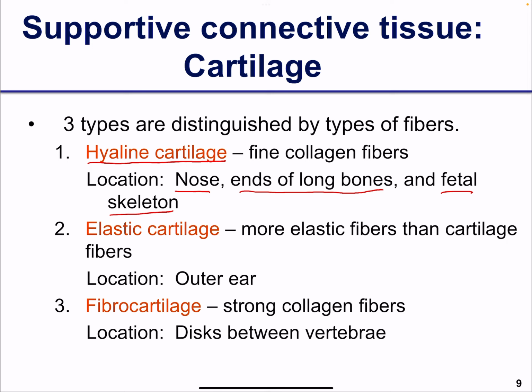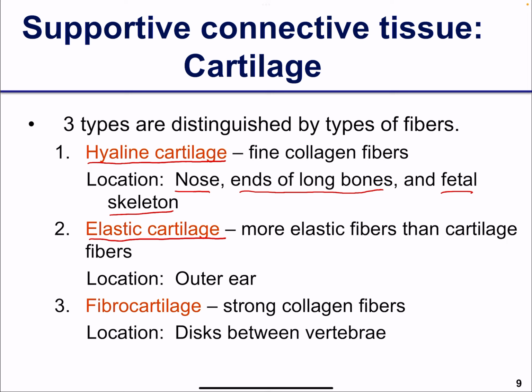Now, the second type of cartilage that we are going to find in the body is elastic cartilage. Elastic cartilage is going to have more elastic fibers than collagen fibers.